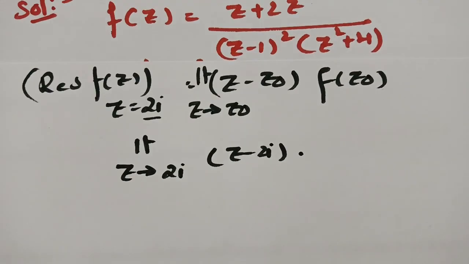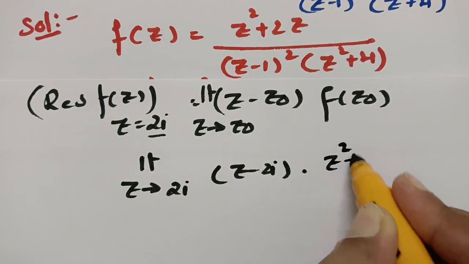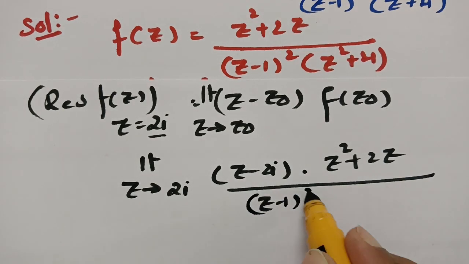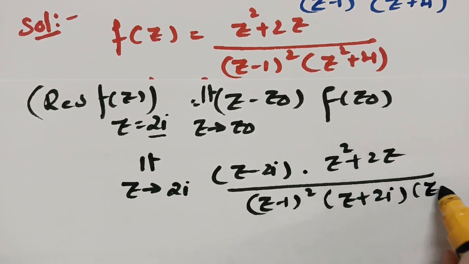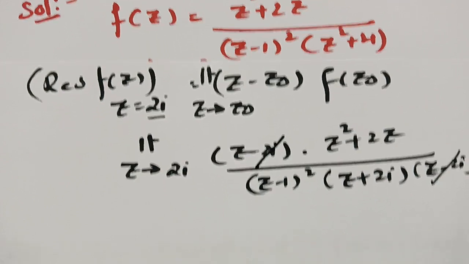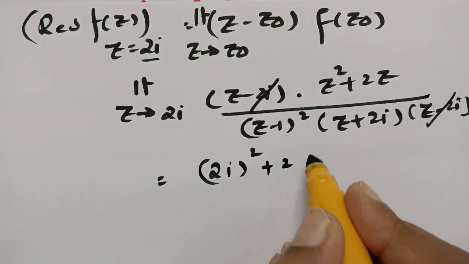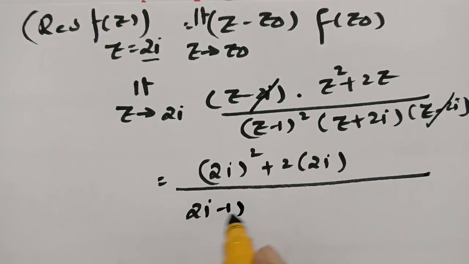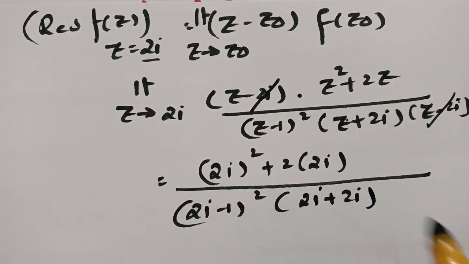So f of z value here is nothing but z square plus 2z by z minus 1 square, and the remaining factor can be written as z plus 2i into z minus 2i. Now I can cancel these two and substitute z as 2i. So this will be 2i square plus 2 into 2i by 2i minus 1 whole square into, the z value here is 2i plus 2i.